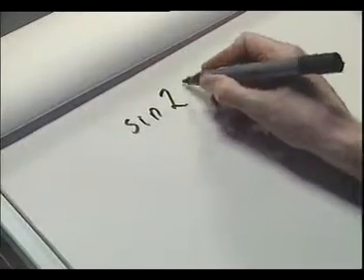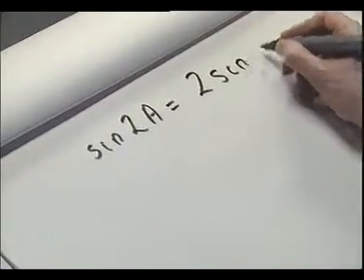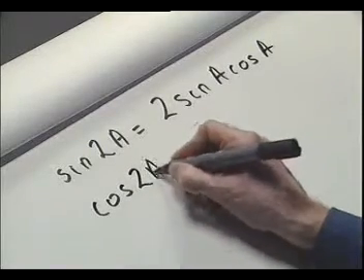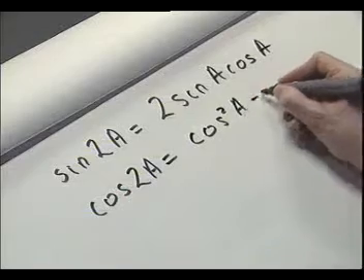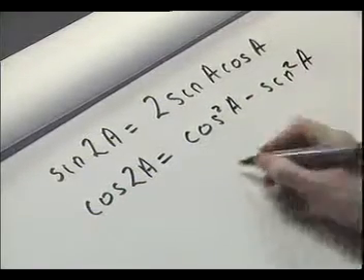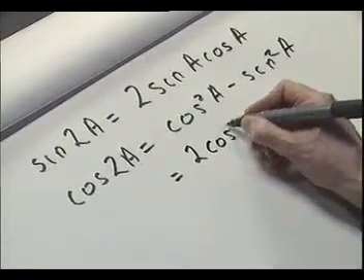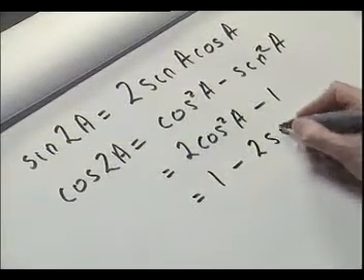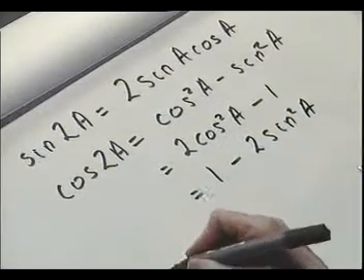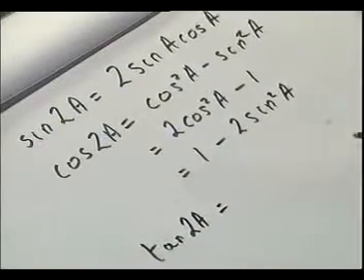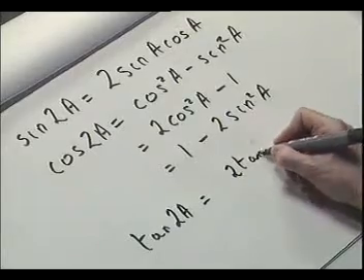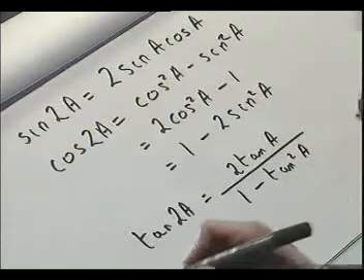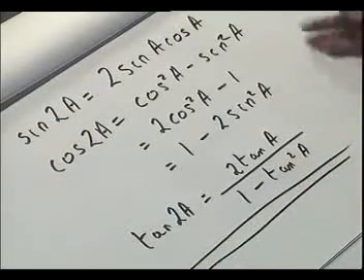Sine 2A is 2 sine A cos A. Cos 2A is cos squared A minus sine squared A, and we can rewrite that as 2 cos squared A minus 1, or as 1 minus 2 sine squared A. And then tan 2A is equal to 2 tan A over 1 minus tan squared A. So there are our double angle formulae.